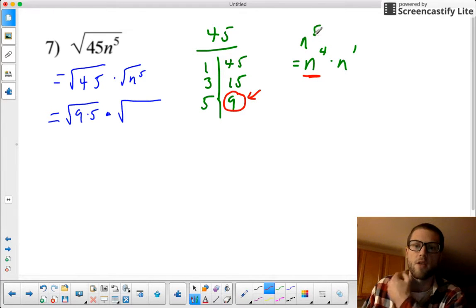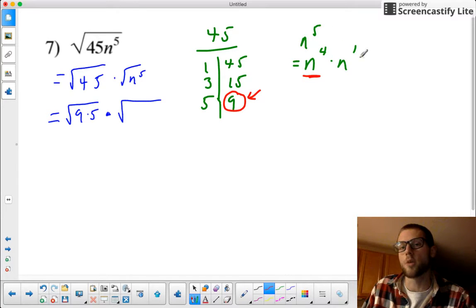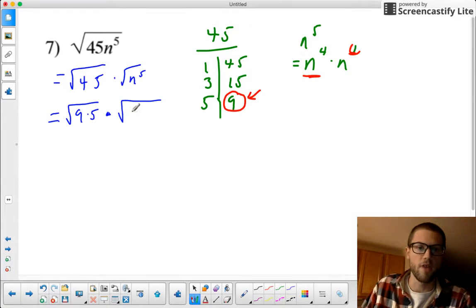Since I have n to the fifth, that's an odd number, so I'm going to set that extra one off to the side, and what I have left is n to the fourth. So I'm going to write n to the fifth as the product of n to the fourth times n to the first.